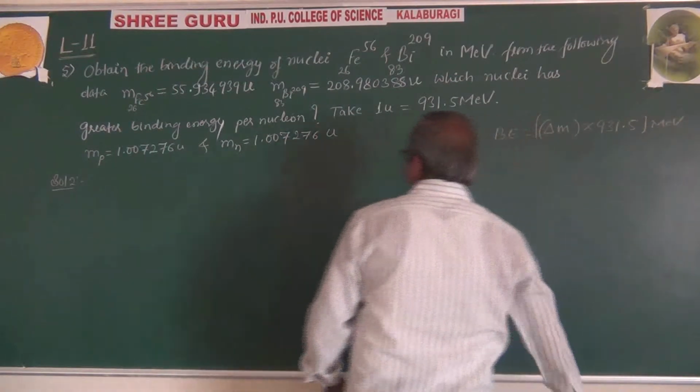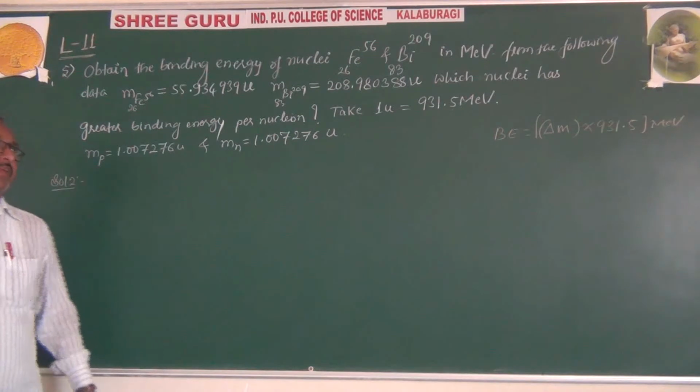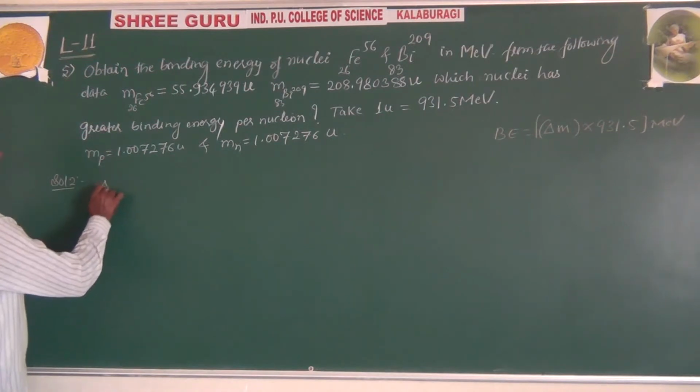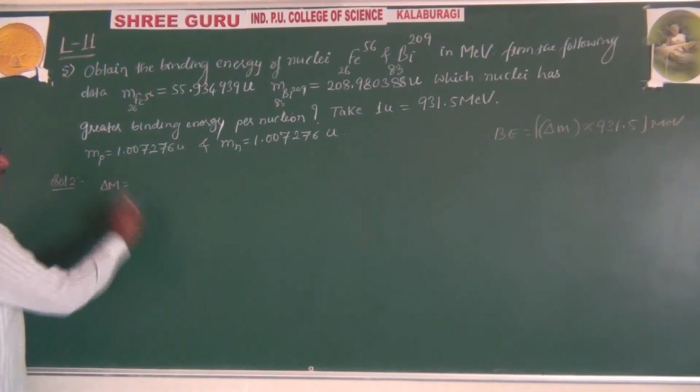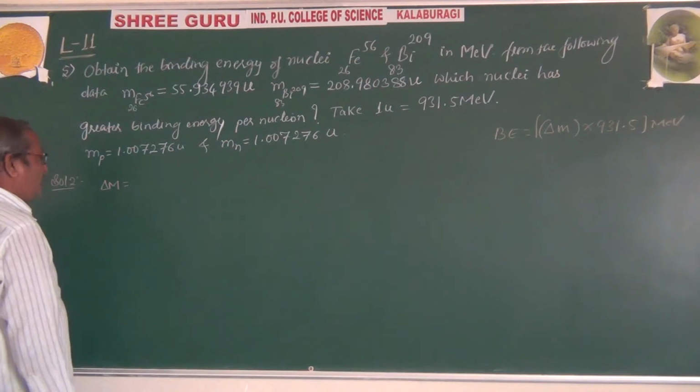So first we have to find out the mass defect for iron as well as for bismuth. So here the mass defect delta M equals the sum of the masses of the constituent particles of the nucleus, that is the number of protons' mass and the number of neutrons' mass.